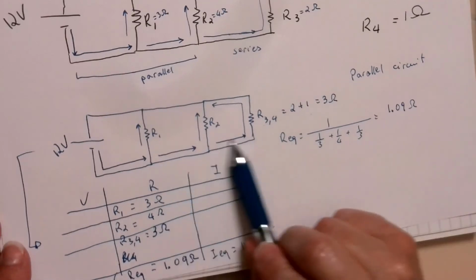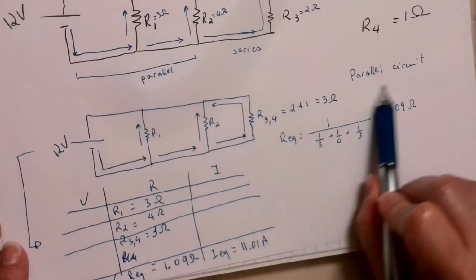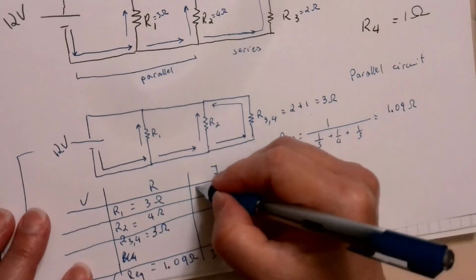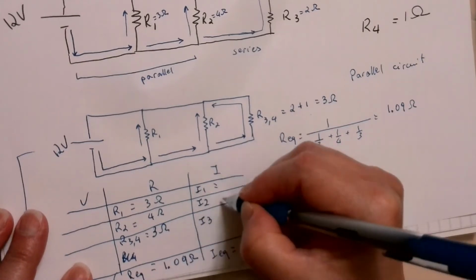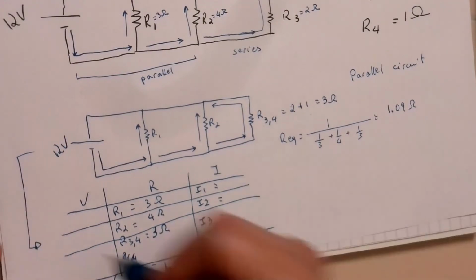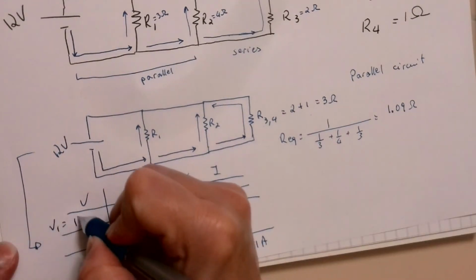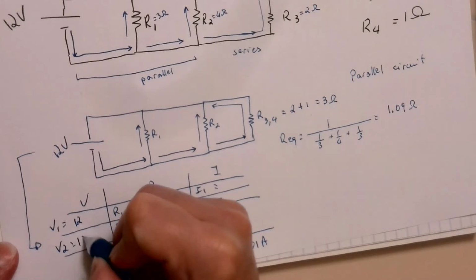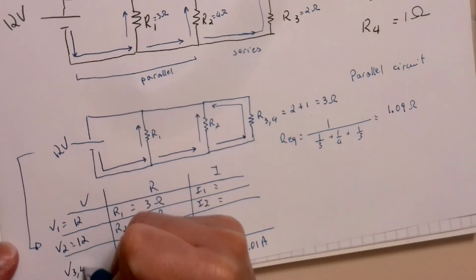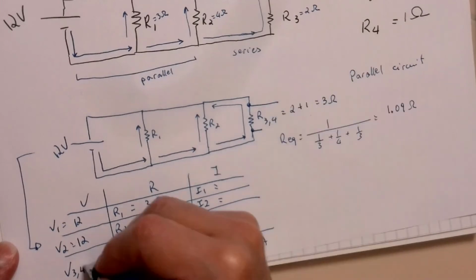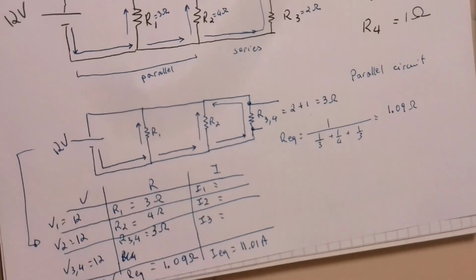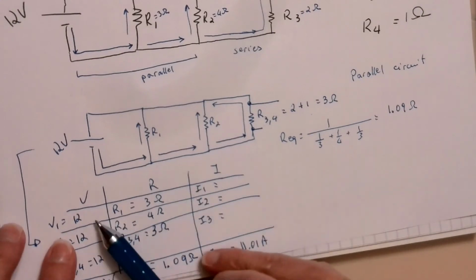But this part here we just said is a parallel circuit. So I1, I2, and I3, I don't know the values of, but I know V1 is 12, V2 is 12, V3 is 12. So this voltage here is 12. Okay, so at this point, what do I do? Well, I just do the division again.